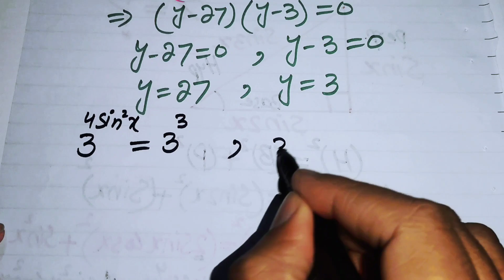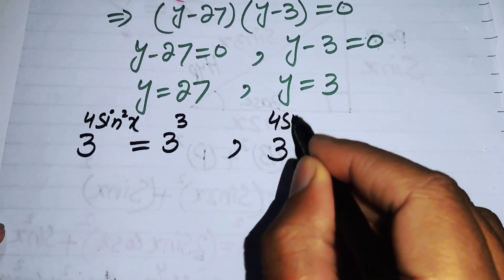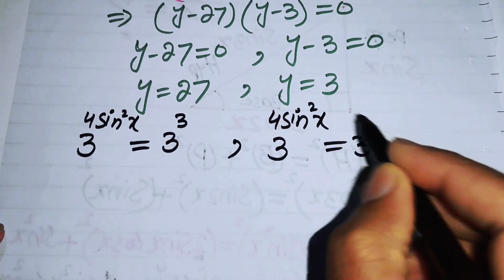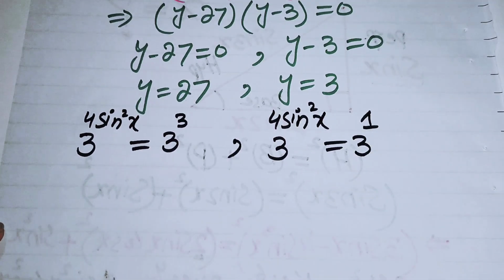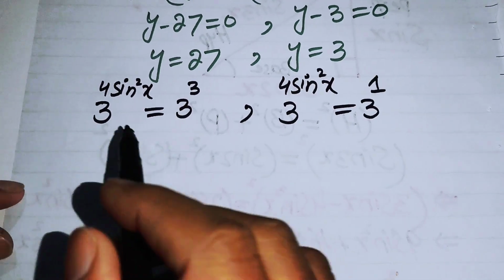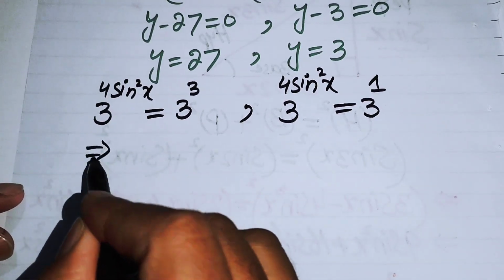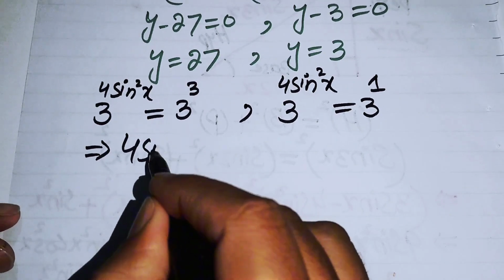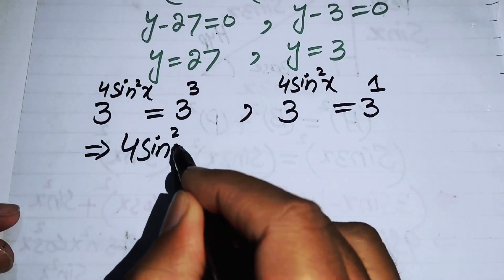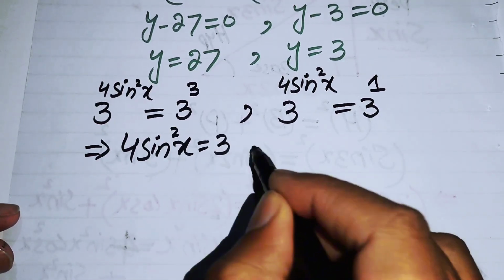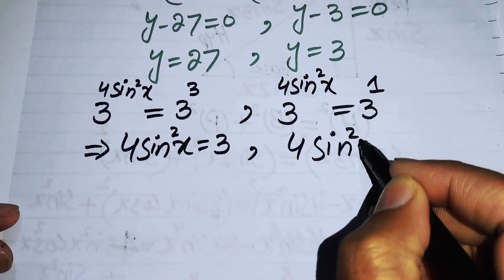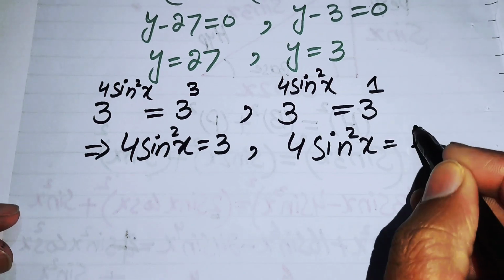And similarly here you get 3 to the power of 4 sine squared x equals 3, and you know that its exponent is 1. Now when you compare both sides, you see that the bases are same, so the exponents are equal, and we write 4 sine squared x equals 3, and here you get 4 sine squared x equals 1.